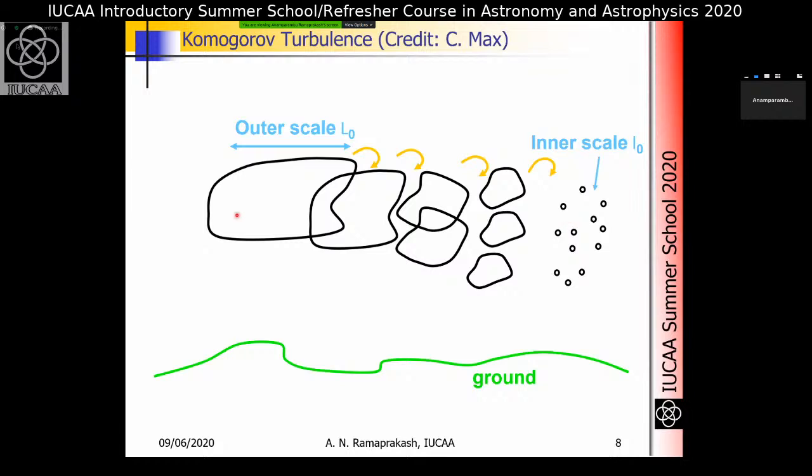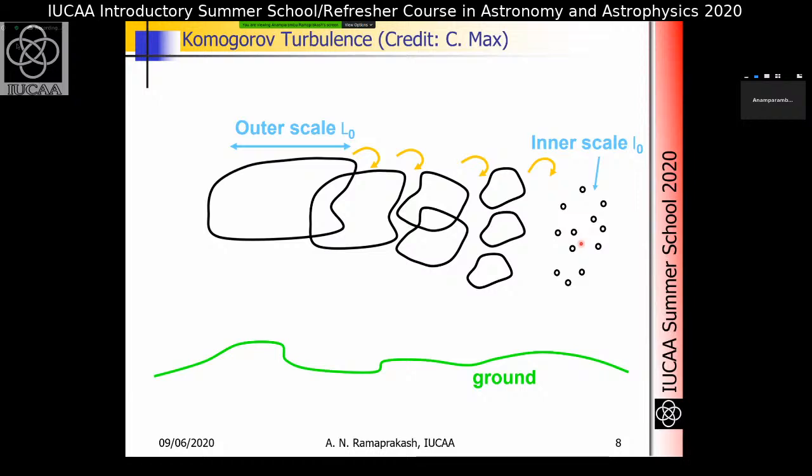So if I take a typical atmosphere, there will be eddies or physical structures in the atmosphere at all scales, starting from the scale at which the energy is injected into the system, over several kilometers across, to energy or air packets or eddies which are moving around relative to each other at scales which are smaller and smaller, and ultimately at the size of what is called the inner scale, which is the size below which it cannot break up anymore.